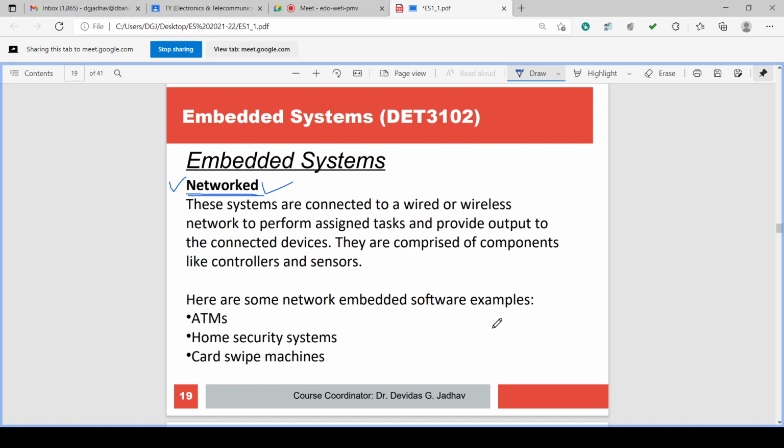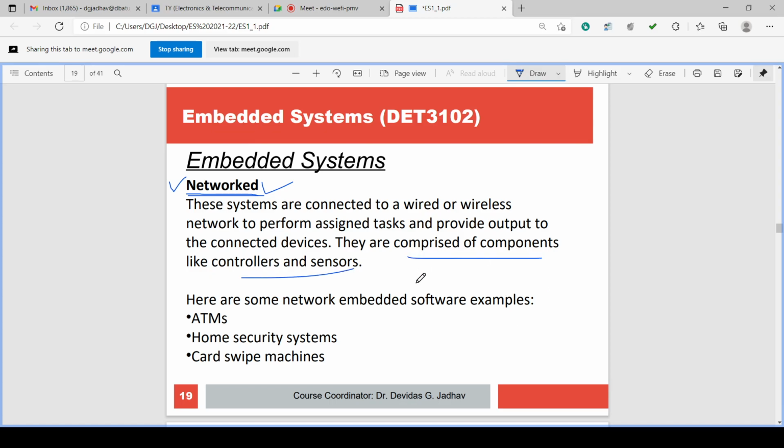These systems are connected to a wired or wireless network to perform the assigned task, whatever task is given, and provide output to the connected device. They are comprised of components like controllers and sensors.